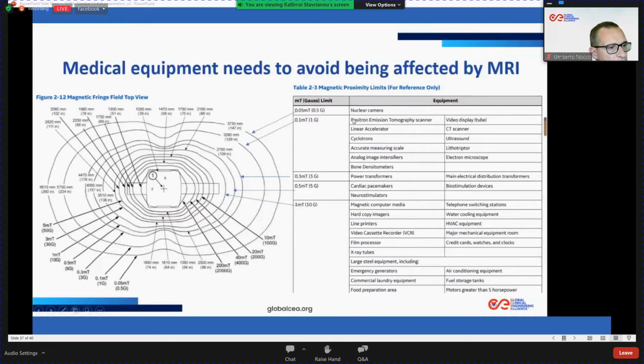For example, the nuclear camera should be outside of the line 1, and the linear accelerator, cyclotron, accurate measure scale, analog image interference, bone densitometers should be outside of this line, 0.1 mT. Most of this equipment should be far away, affected by the MRI systems.